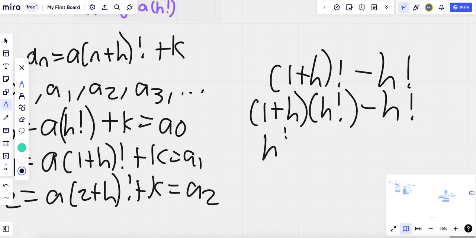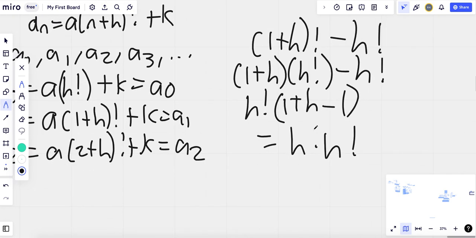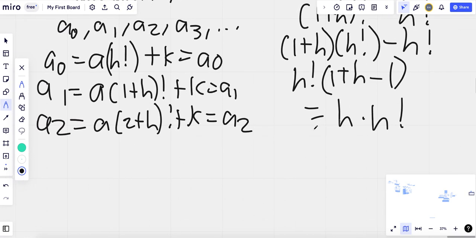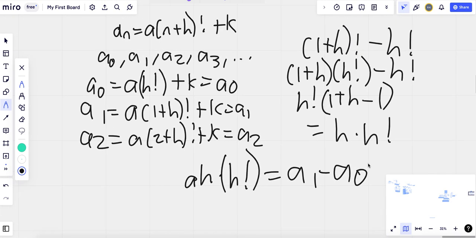We can factor out an h factorial, and when we do that, we get 1 plus h minus 1, and this is just h times h factorial. So this tells us what a1 minus a0 would be. So a1 minus a0 is going to be a times h times h factorial.